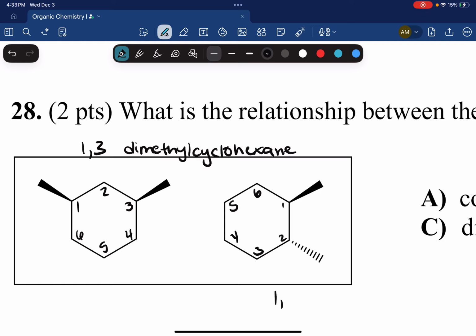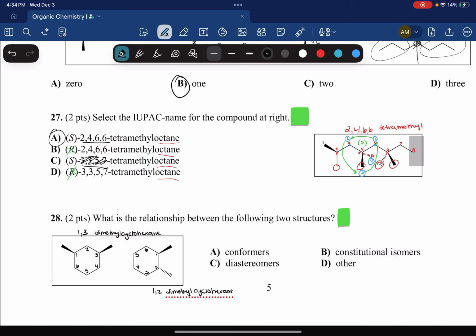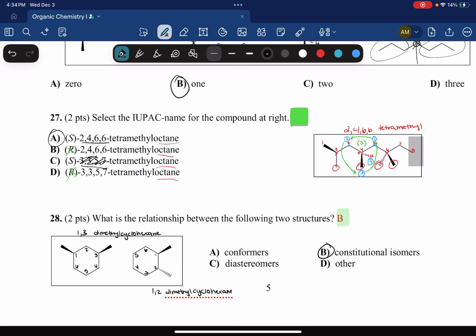This is a 1,2-dimethylcyclohexane. So they're not the same atom-to-atom connectivity, which makes them constitutional isomers. They're not diastereomers or conformers. They have different atom-to-atom connectivity.